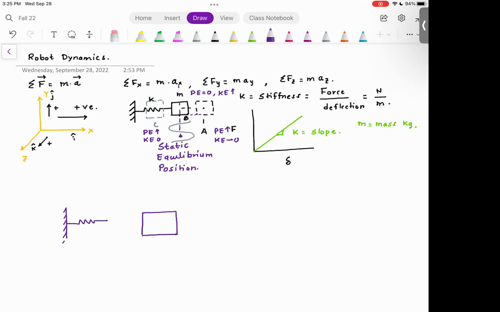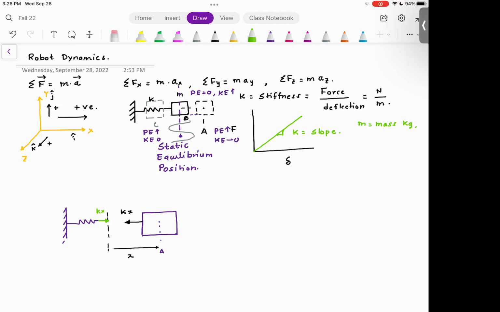Now consider this is position A. At position A, the spring is completely stretched, which means there is a spring force acting on the mass. If I give some displacement, say my displacement is X, then the spring force is going to be Kx. And every action has an equal and opposite reaction. So there is this spring force Kx over here.